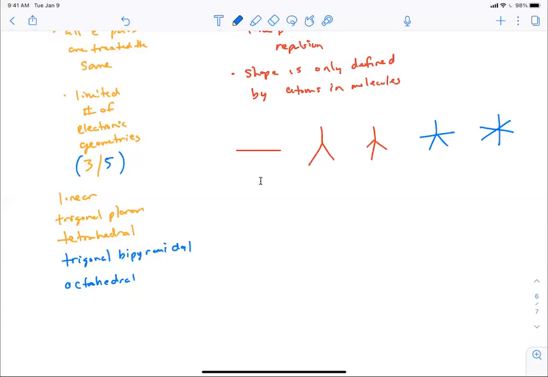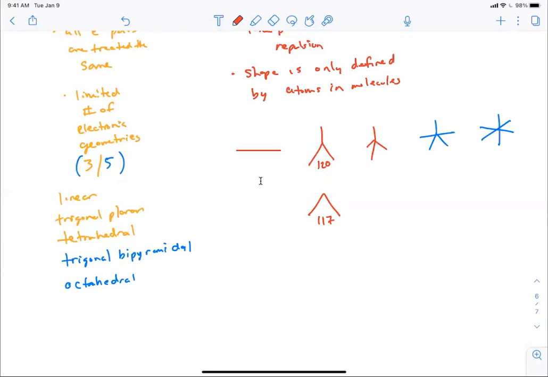For example, if I look at trigonal planar here and I remove one of the lines where it's a lone pair instead of a bond, I get this shape. And that shape is exactly what that molecule is. It's angular or bent. And if this is 120 degrees, then this is 117, because the lone pair does press it down a little bit closer together.